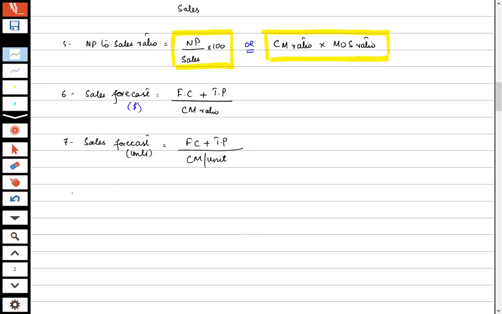Next formula is operating leverage. It is CM, contribution margin, divided by profit of the organization, net profit before interest and tax. This amount would be given, or we have to calculate it.